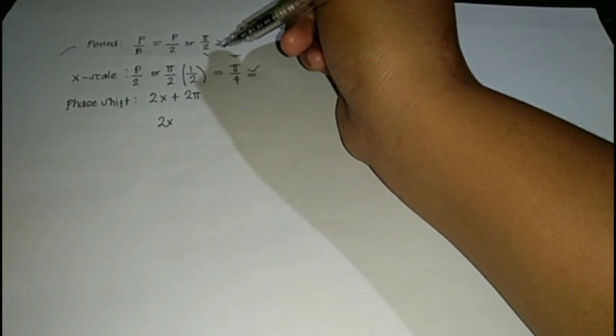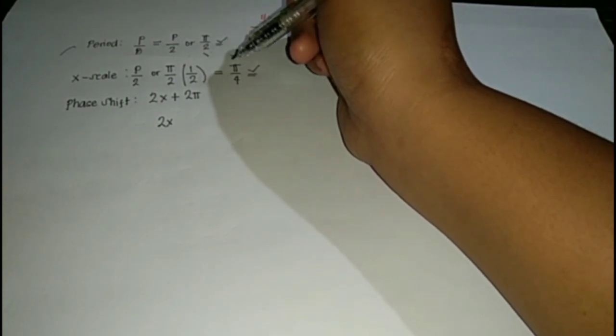Since the 2π is positive on the left side of the equal sign, when we transpose it, it will become negative.